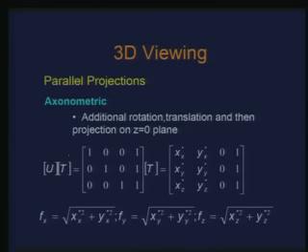To compute this foreshortening, I have a unit vector in x, a unit vector in y, and a unit vector in z.